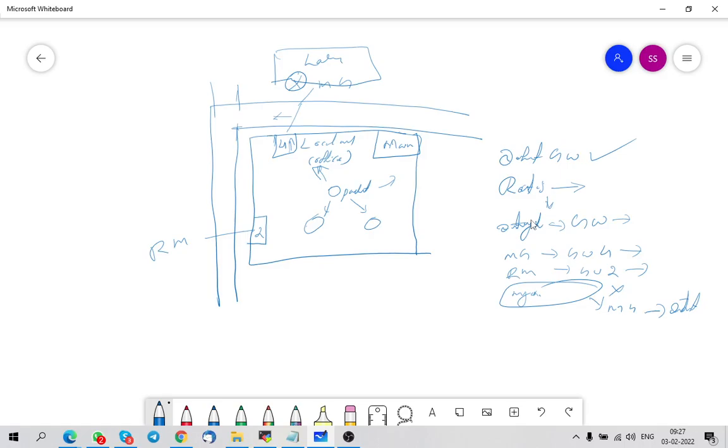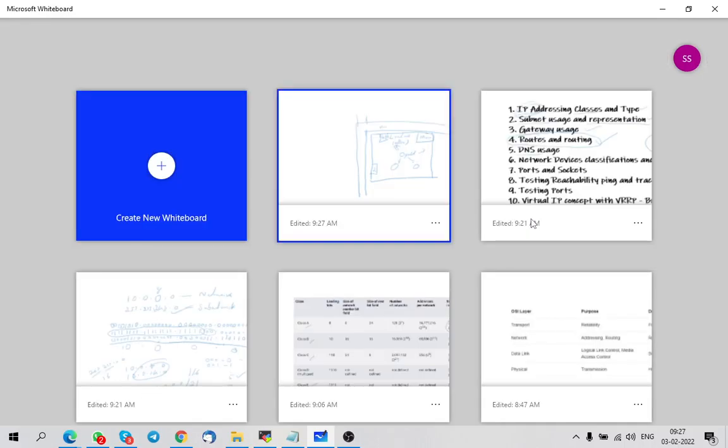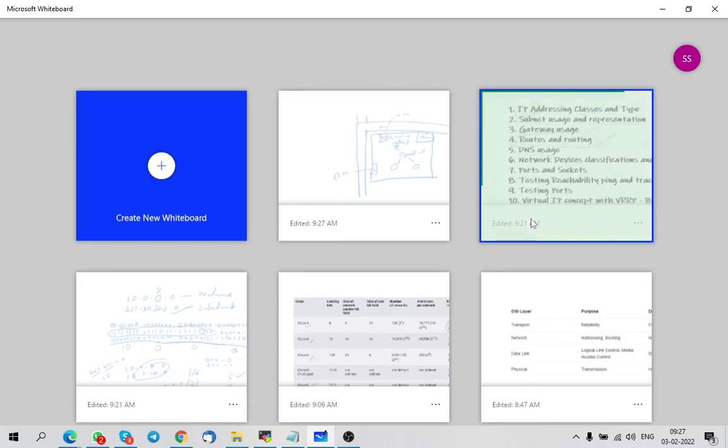Whenever we want to configure a gateway, either for a specific route or for the default gateway case, that gateway IP address should be part of our local network address. So this is the concept of gateway. Hope this is also clear. The gateway will be considered only when a packet needs to go outside of the local network.